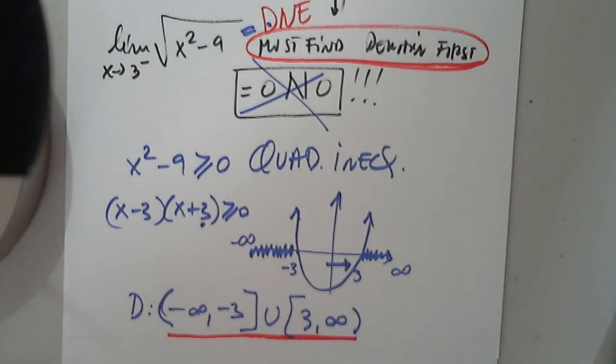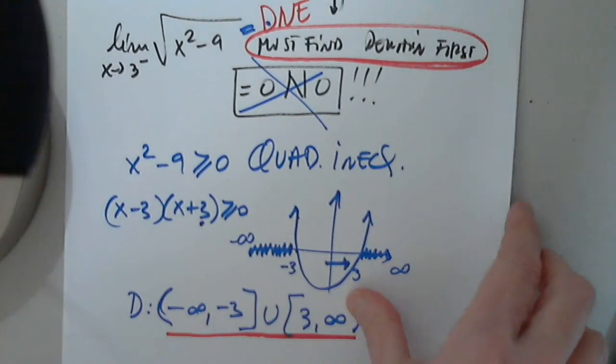So without finding the domain, you're going to potentially make an error. So it is absolutely mandatory to find the domain. Because if you don't, you will get into that trap. Okay, enough of this.